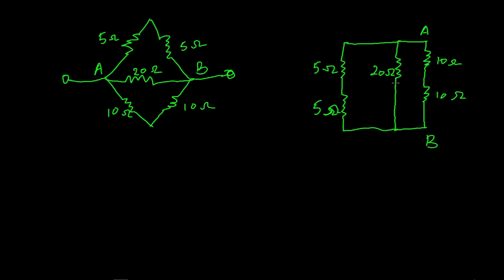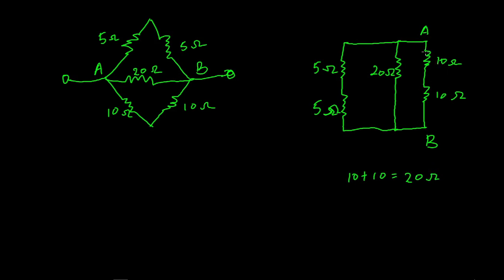a simpler form. And by our visual inspection, we can see that these two resistors are in series. So the effective resistance of this branch is going to be the sum of these two 10 ohm resistors. So that means between this point A and B, we have effective resistance to be 10 plus 10, which is going to give us a 20 ohm resistor.